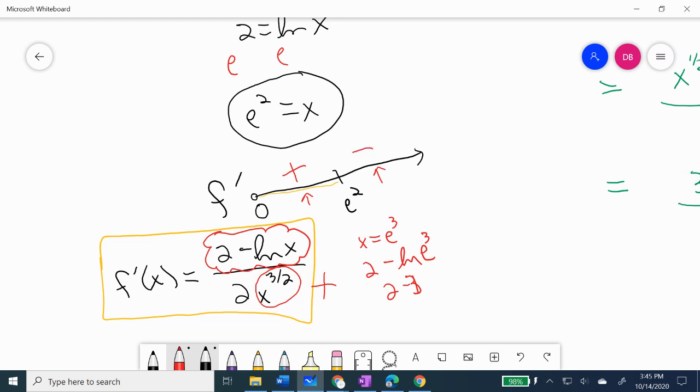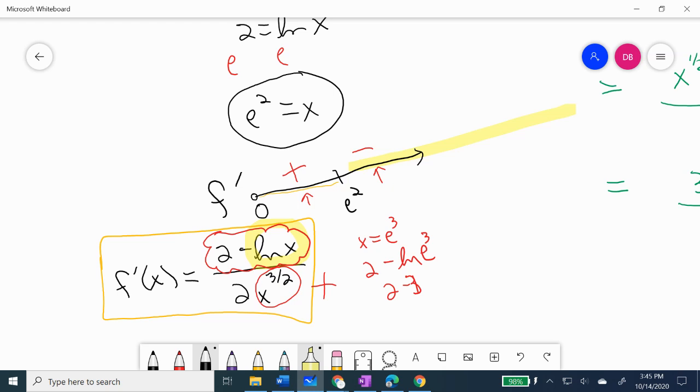Or you could realize that if you plug in a large enough number into x, natural log will grow, slowly, but it will grow. 2 minus something that's going to keep growing and getting bigger is definitely negative.